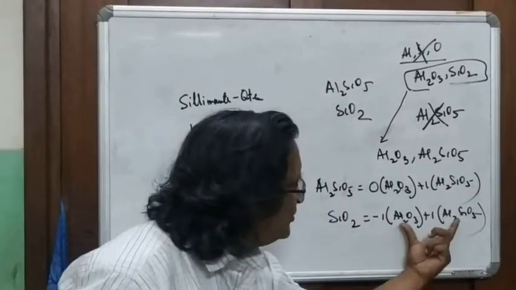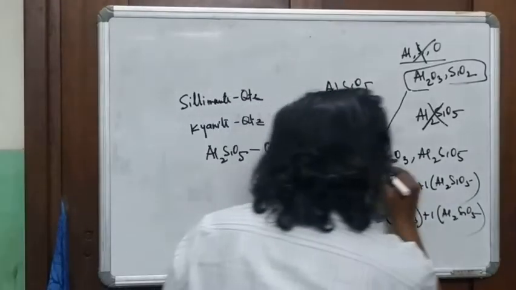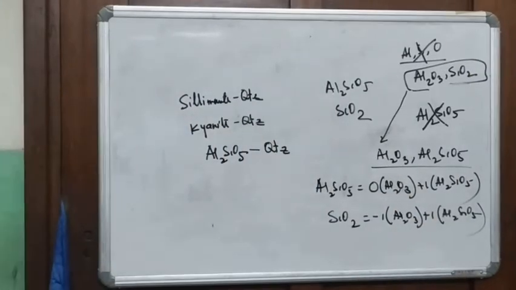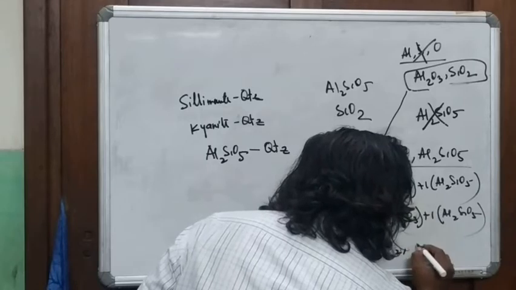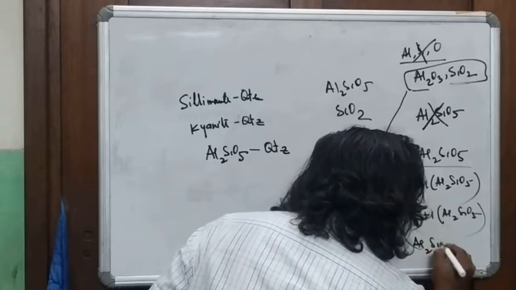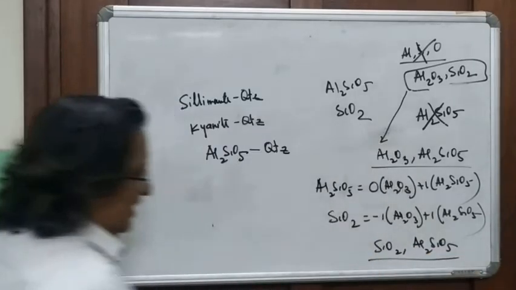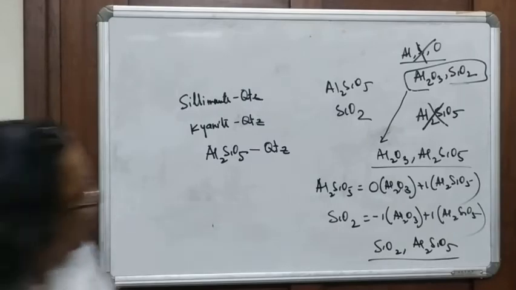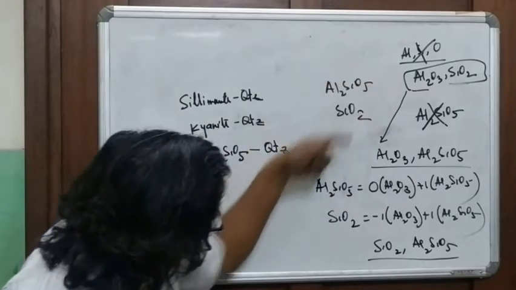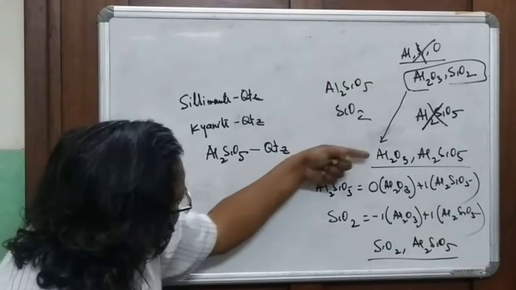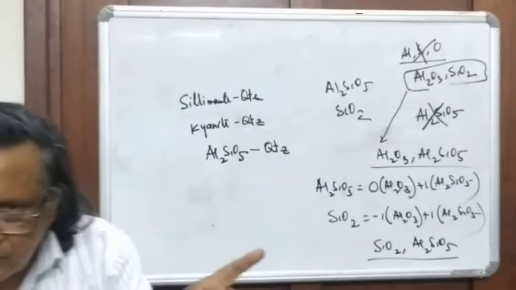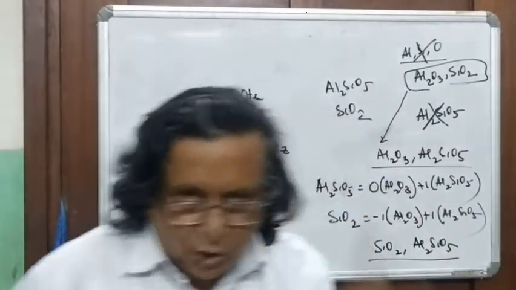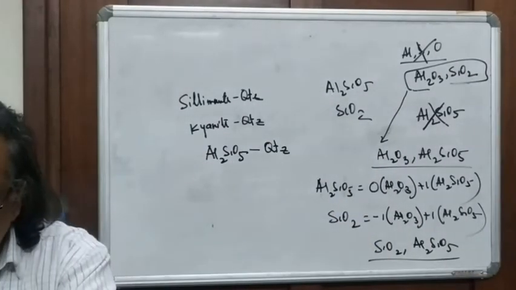So here also 2 components. This is equally valid. Also equally valid is SiO2 and Al2SiO5. So all these three are correct, so long as the number is 2.